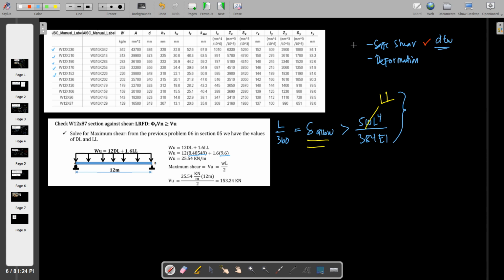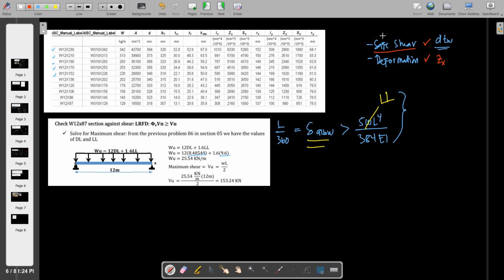At mas mataas na value ng Z. So, what is the indication of that? Zx, no? So, if you have proven na sa calculation safe na sa shear, of course, you do not want to select a member or a section that is lower than this, no?